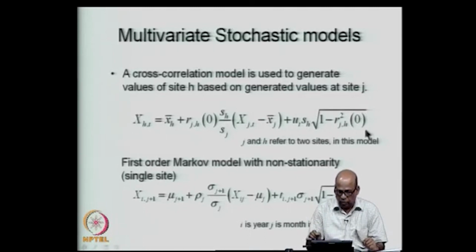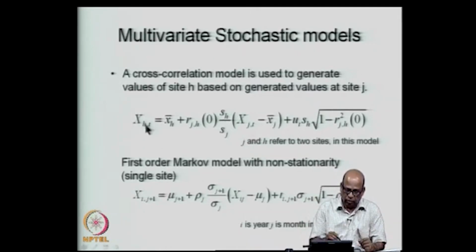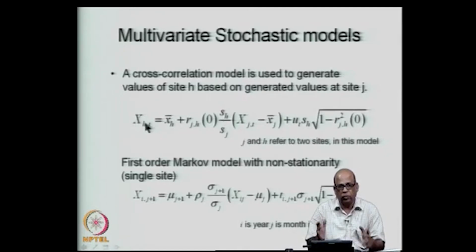Where did we build the cross correlations? This is the term which has cross correlation R j h 0, it also appears here, but also in the term ut we have the lag 1 serial correlations. So, you are talking about both the cross correlations among these two sites as well as the serial correlation for the site for which you are generating it, and this is how the dependence on the other site has been brought into the Markov model.